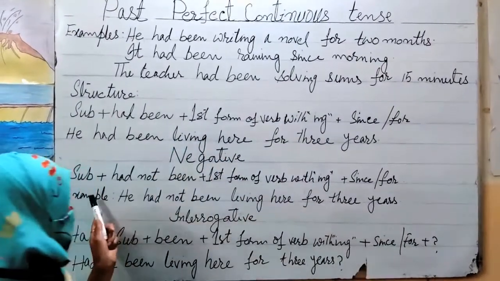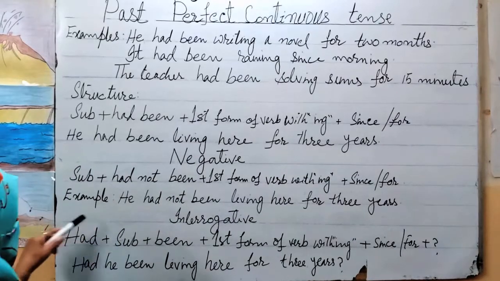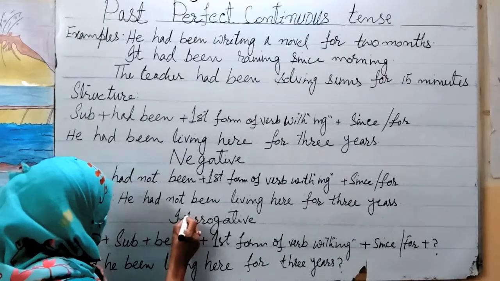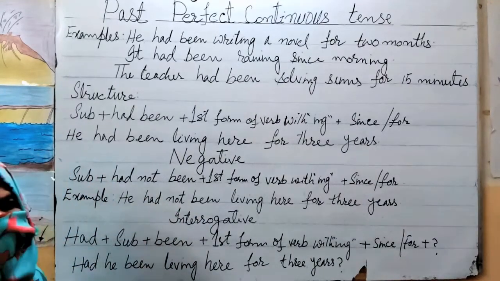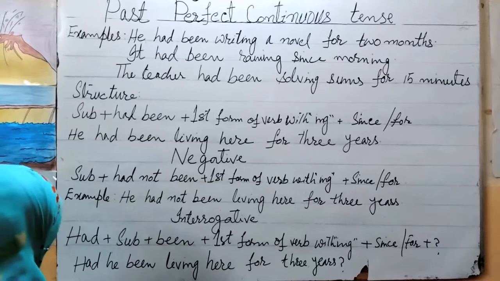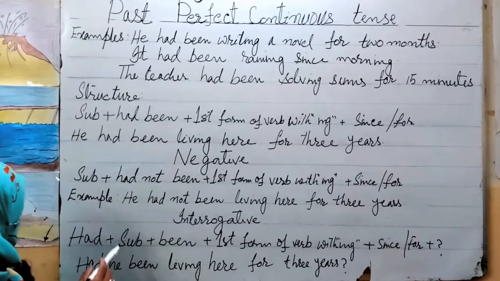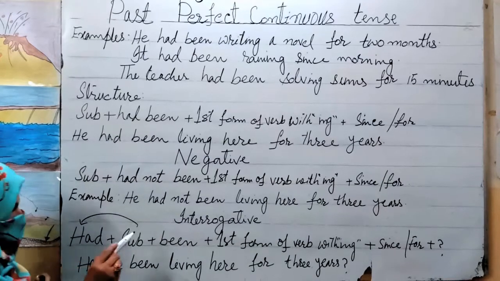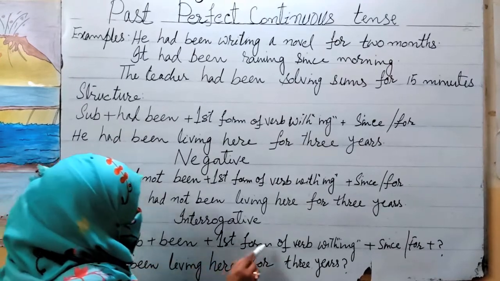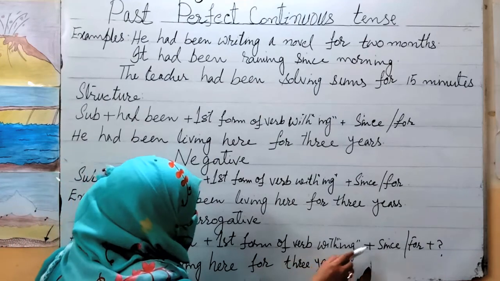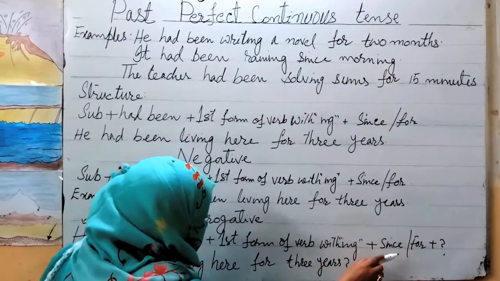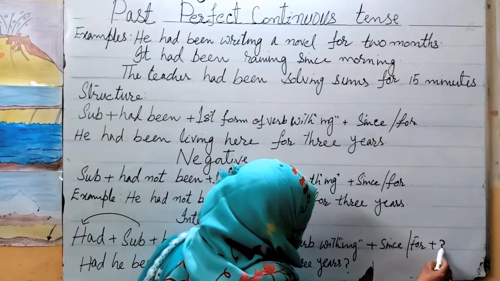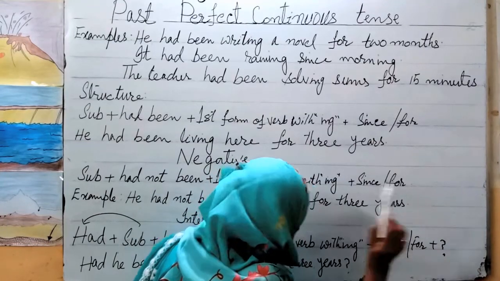Okay, students, let's move towards the formation of interrogative sentence. How will you make an interrogative sentence of this tense? Before the subject, you will write here had, then been, first form of verb with ing, since or for. And at the end of the sentence, you will put the sign of interrogation.